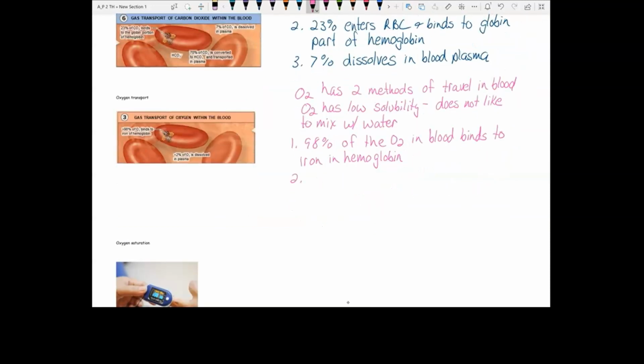The other 2% will dissolve in plasma. So it's a low solubility, which means it doesn't like to dissolve in water, but it's not no solubility. So you do have 2% mixes with the water, but the other 98% rides on the hemoglobin.